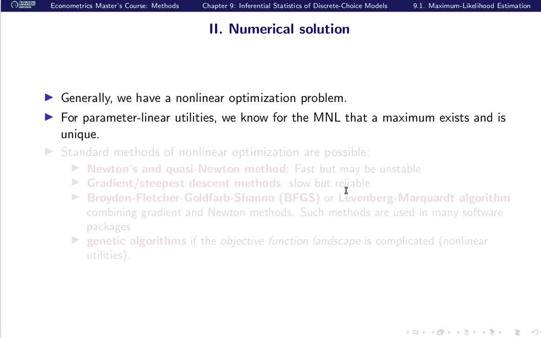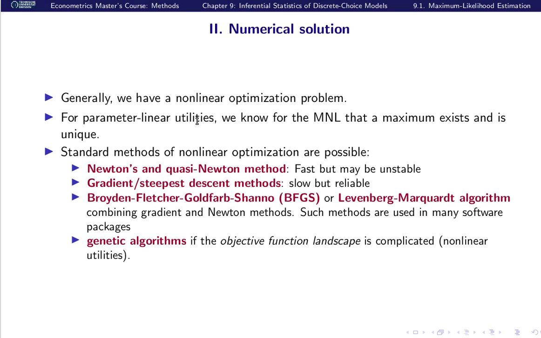Of course, generally you cannot do it graphically because you have more than 2 parameters. So generally we have a nonlinear optimization problem, and I just give a list of methods. You do not need to know these methods by heart. There are classical ones. This gradient method is slow but reliable. This Newton is very fast but is also unstable.